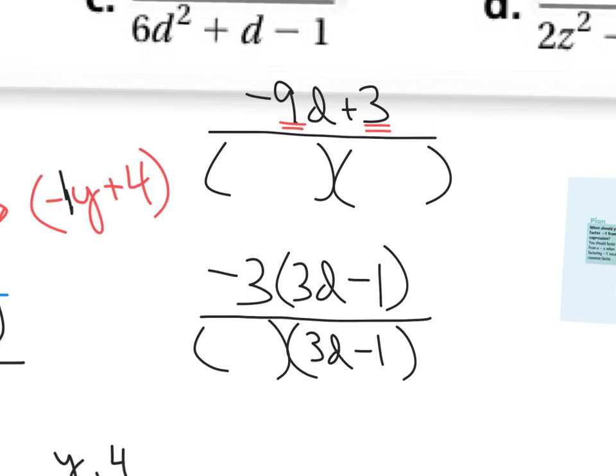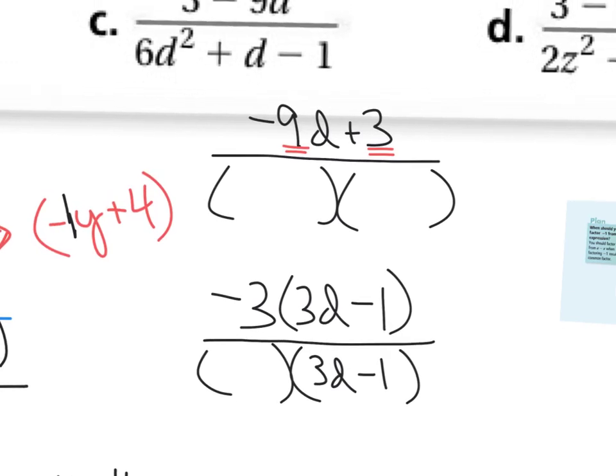So the other factor we know, we had a 6d squared, so 3d times 2d would give us 6d squared. And then at the end we had a minus 1, so negative times a positive would give us a negative. 1 times 1 is 1, and then we can just double check this. This would be minus 2d plus 3d gives us plus 1d, so that works.